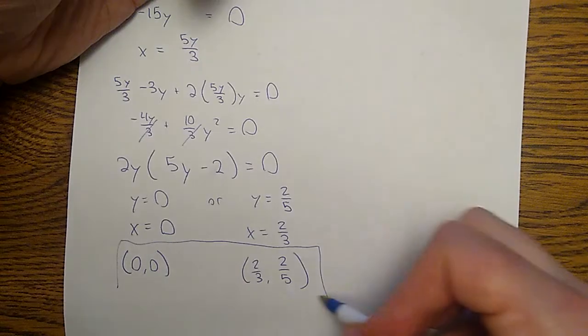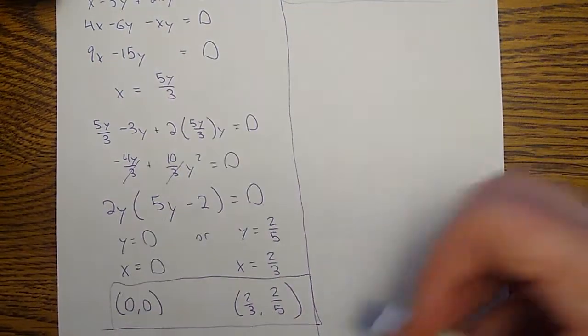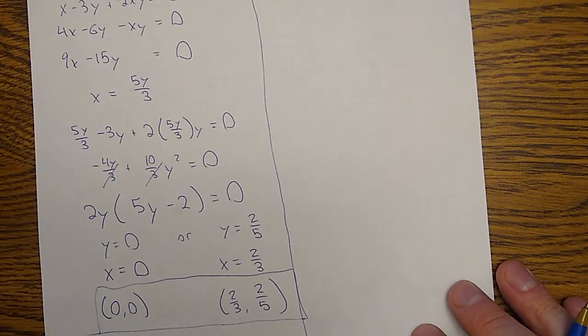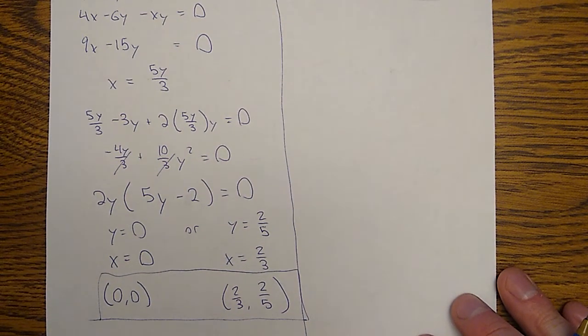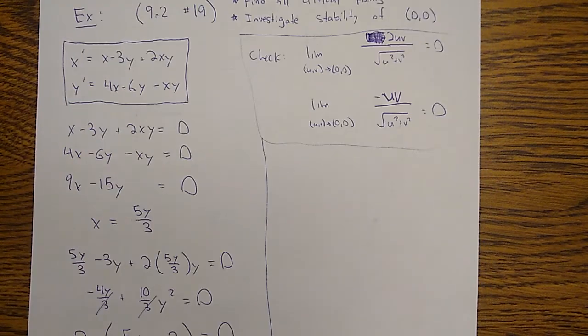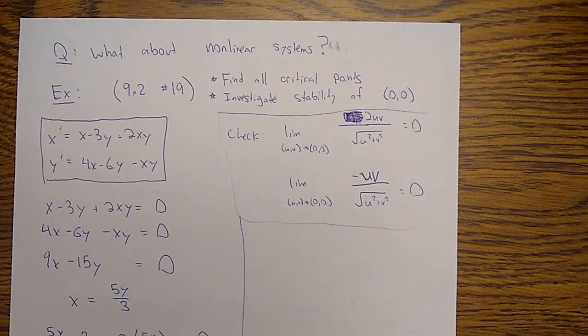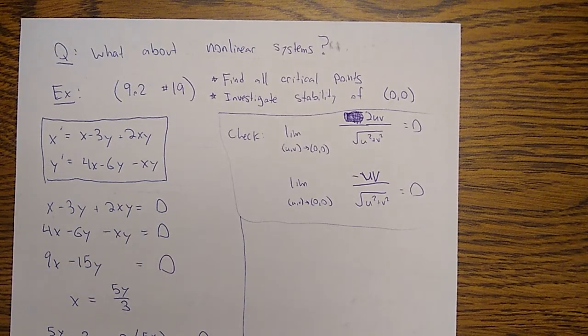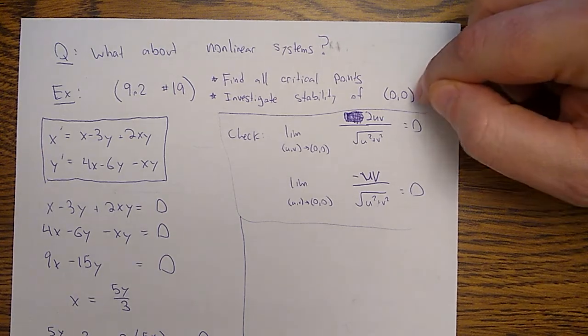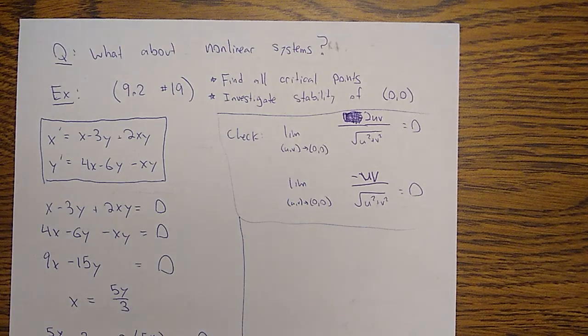So this system has two equilibrium points, 0, 0, and 2/3, 2/5. Now basically the instructions told us that 0, 0 was going to be a critical point, because we're specifically supposed to investigate the stability of that.